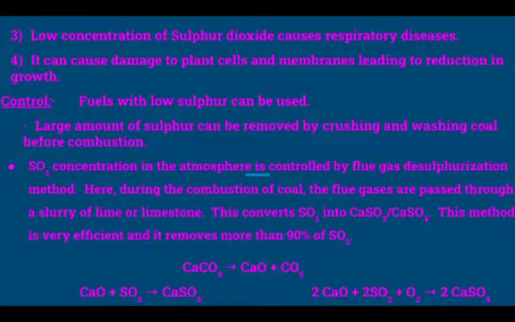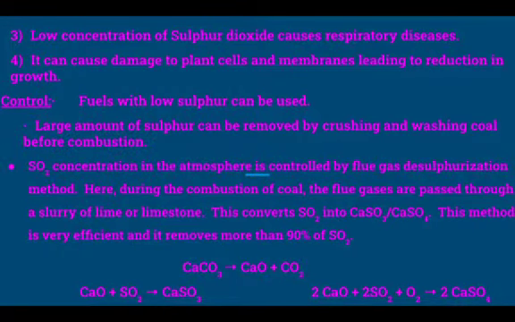Now, let us see how to control oxides of sulfur. First, fuels with low sulfur can be used. Then a large amount of sulfur can be removed by crushing and washing the coal before combustion. Now, sulfur dioxide concentration in the atmosphere can be controlled by the flue gas desulfurization method.